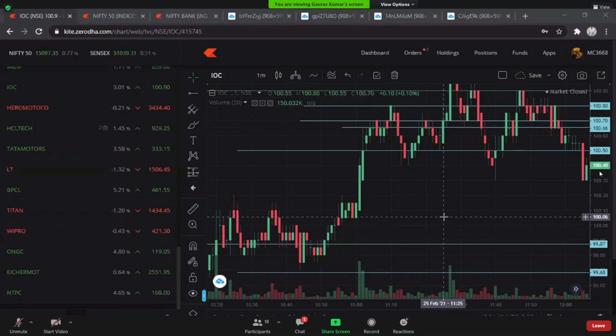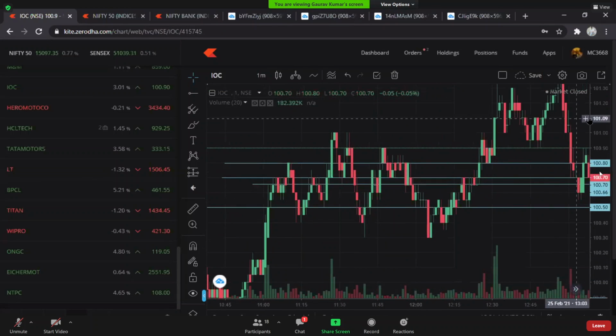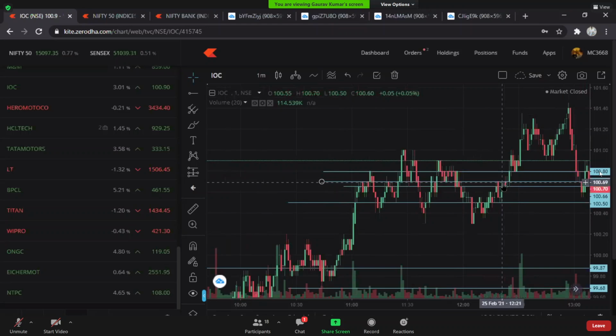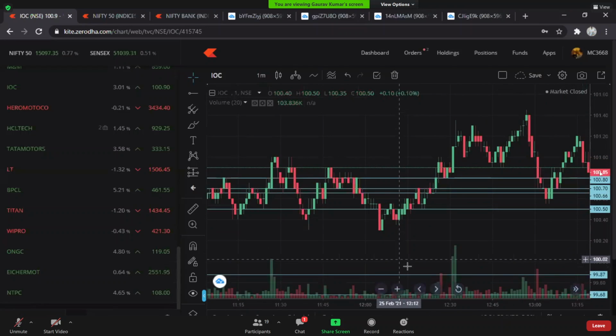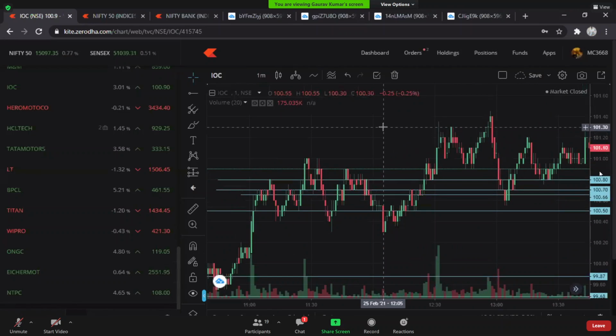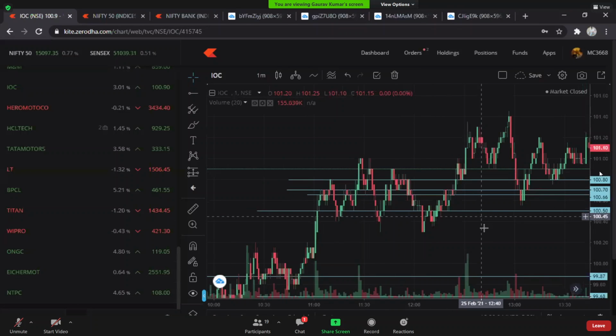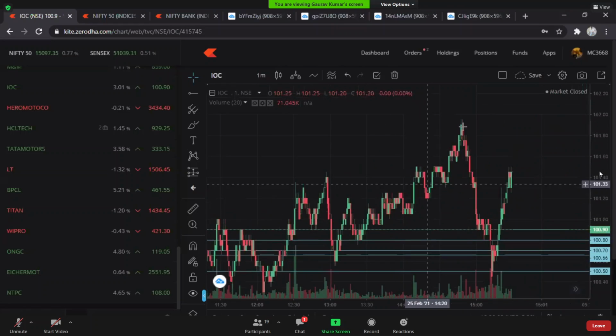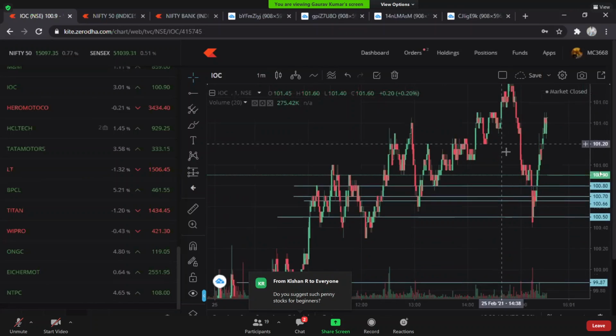I had completely booked my profits, I think at this point only, 101.35, just because I was losing confidence in the market today. 101.3 is where I had booked my profit totally. And after that, the stock actually went up to 101.96, 95, whatever.